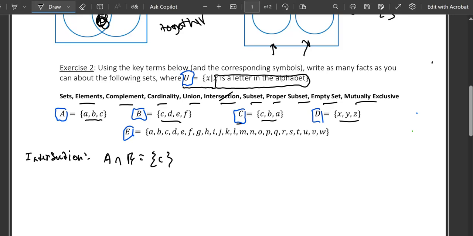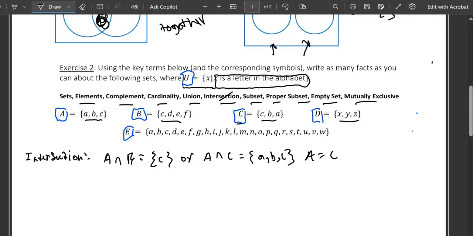Or how about if I say A intersect with C? Well, that's all the elements. They all share the same. So A, B, C. And we could also say that A is equal to C, correct? And there's intersection for you.